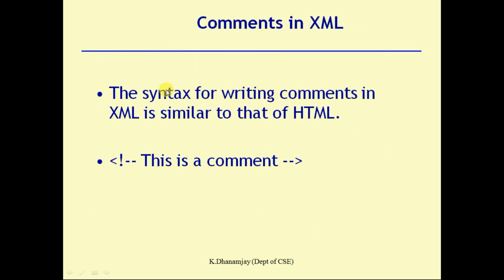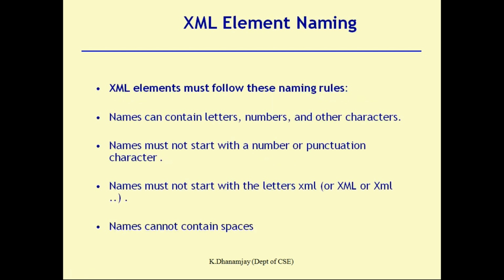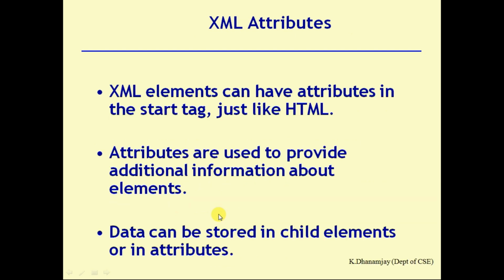And what are comments? How can a comment be used in XML? The syntax for writing comments in XML is similar to HTML. You can use less than, exclamation mark, and then hyphens, and then write the comment. And for XML element naming, as I just gave information, names contain letters, numbers and other characters, do not start with a number or punctuation character, do not start with the letters XML, and cannot contain spaces.